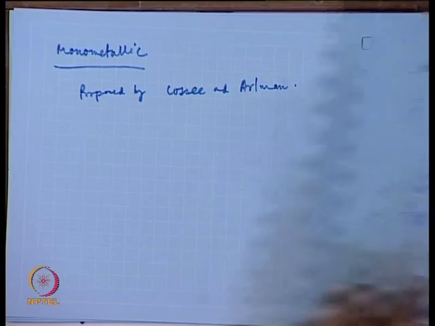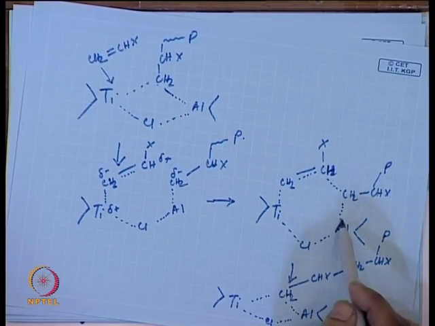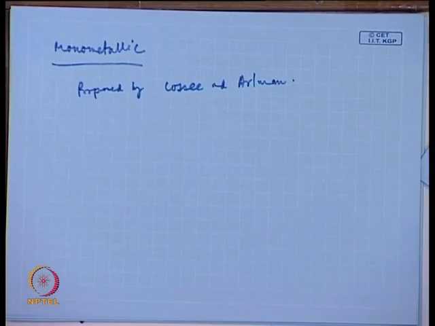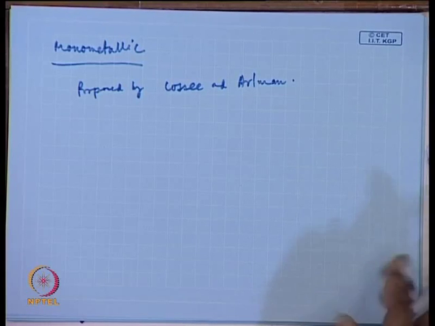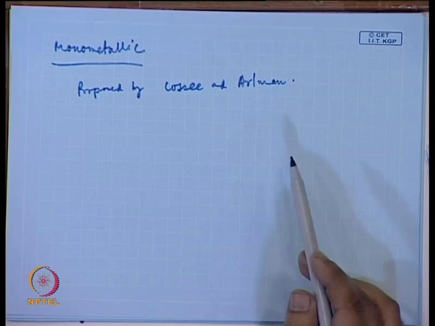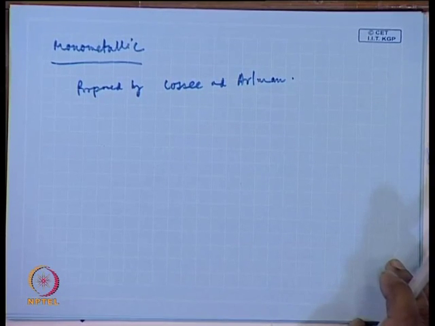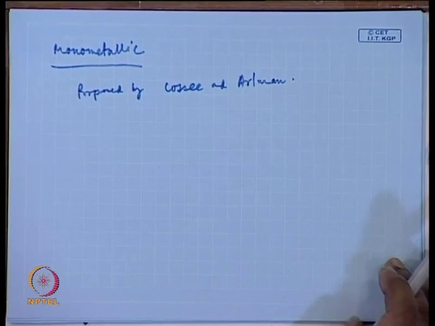In the bimetallic case, the chain growth occurs in the aluminum carbon bond. In the monometallic case, the chain insertion or chain growth happens in the titanium carbon bond, and the vacant d orbital present in the transition metal is the main source of catalytic activity.